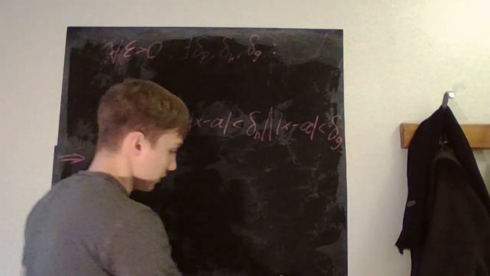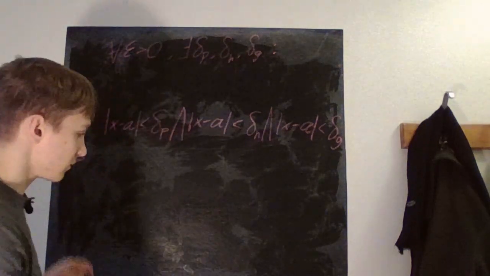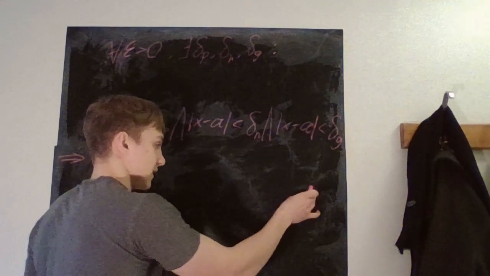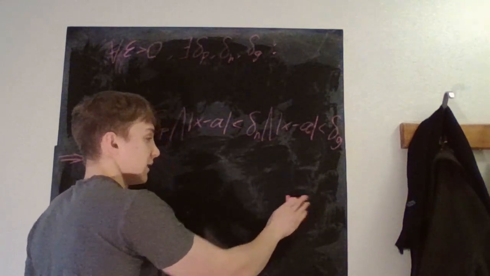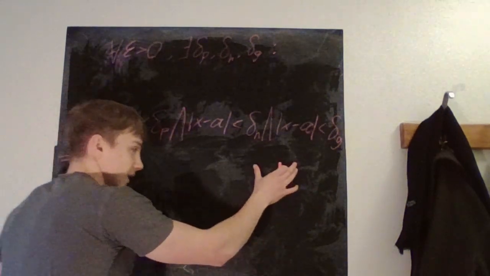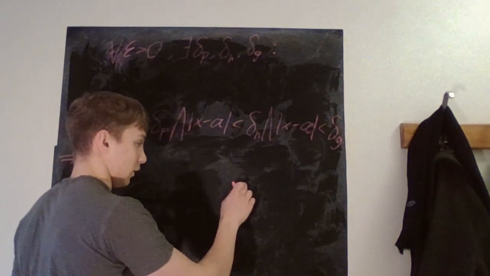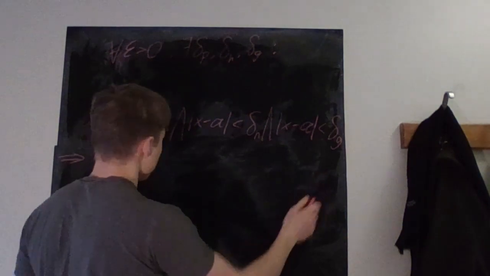So therefore, when you have anything in absolute values that is less than a positive number, then you know that the thing inside is greater than the negative of that, and less than the positive.